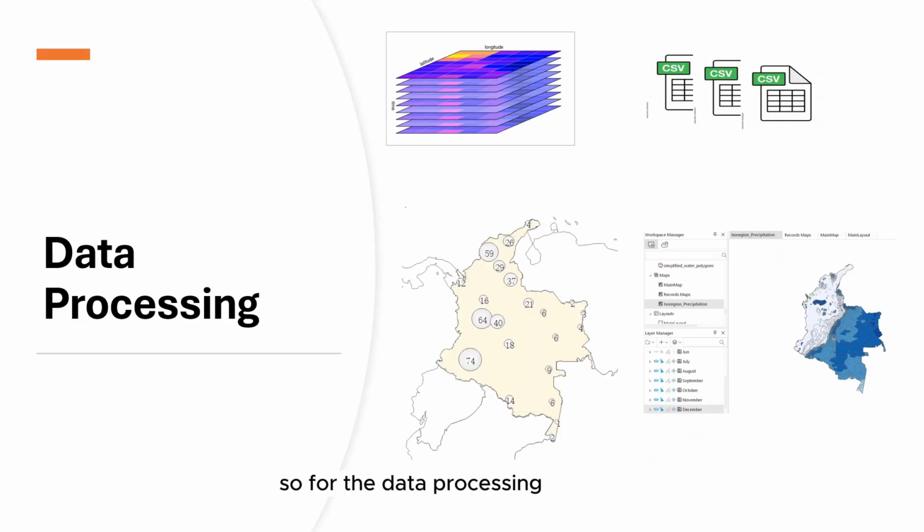The data processing is mainly two steps. The first one was all the CSV files that we downloaded from IDEAM. Those are the different records for each station. The stations were plotted here where you can see the data aggregation.